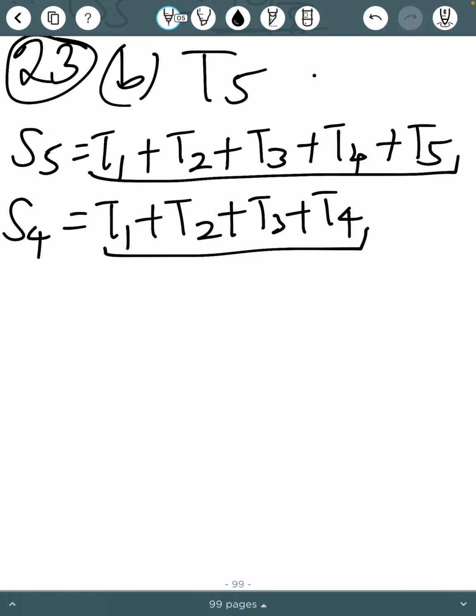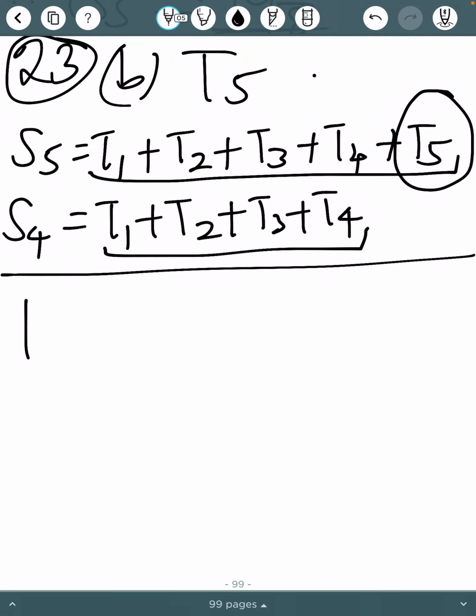That means if we want to find the fifth term alone, we could easily say that S5 minus S4 is the same thing as T5.